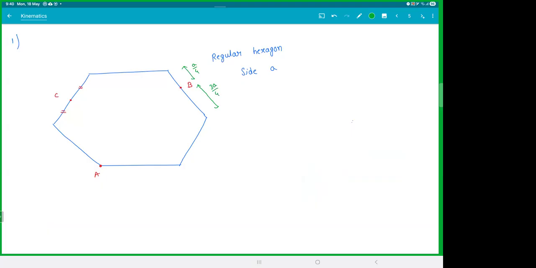Not exactly in the middle, it is at 1/4 and 3/4. So an ant goes from A to B, and then it goes from B to C. So it's traveling this way.